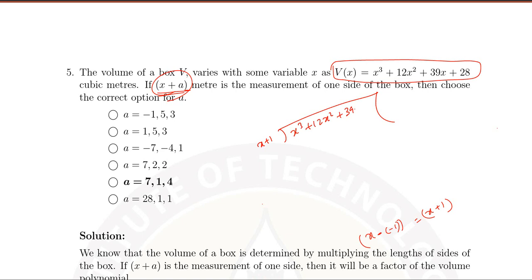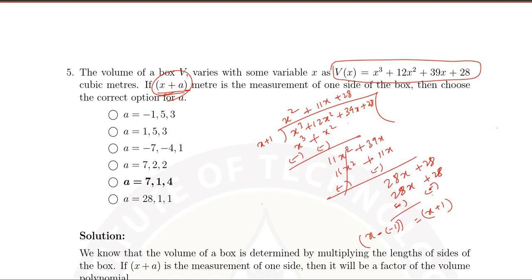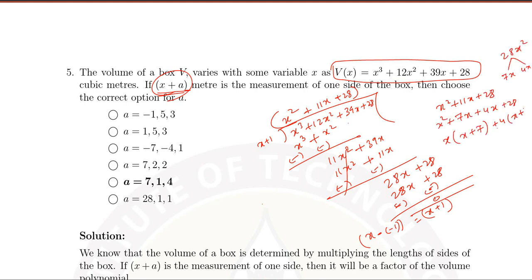Now I can take x square here, and I get my quadratic equation, that is x square plus 11x plus 28. When I factorize this, I'll have x plus 4, x plus 7.